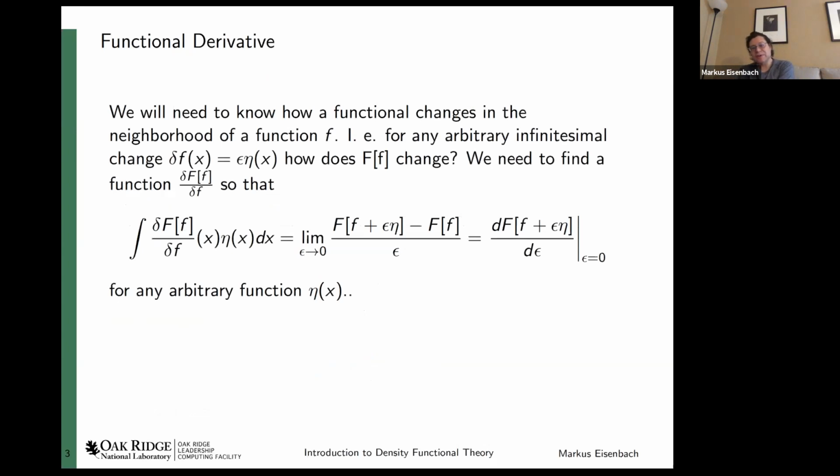So another thing that we'll need is a functional derivative. So we want to know how a functional now changes in the neighborhood of a given function f.